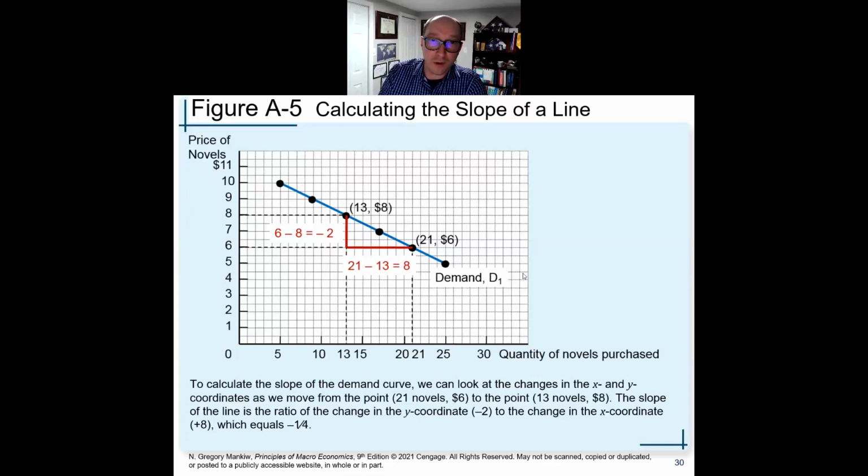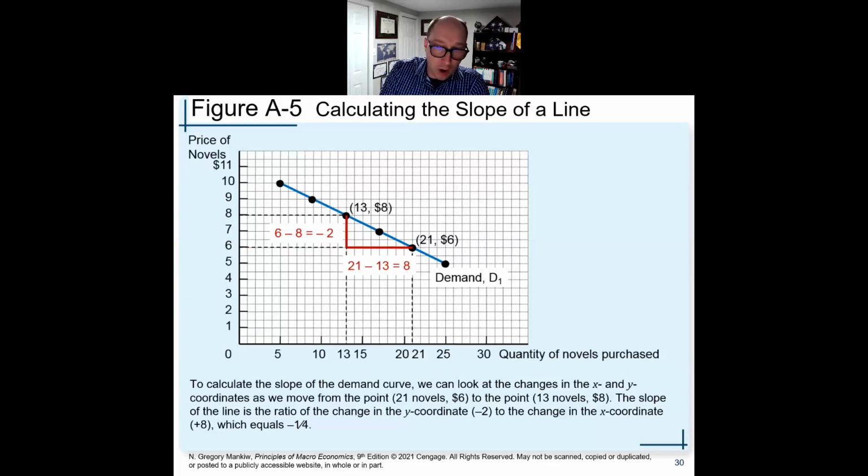So here's how we calculate the slope of a demand curve. We have a change in y over the change in x. Here the y-axis is price, and we have a change in price of $2: $6 minus $8 is negative $2.